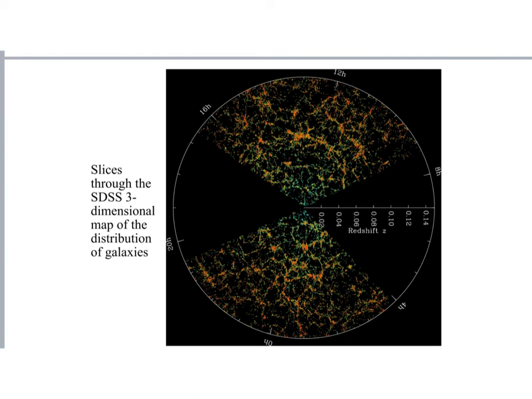And to end this part of the chapter, here is actually real data. Every dot here is a galaxy, and SDSS stands for the Sloan Digital Sky Survey, and there is a dedicated telescope that ran this survey, just trying to map the geometry of the universe.